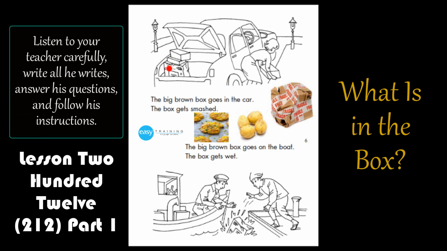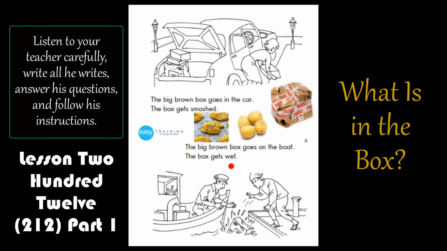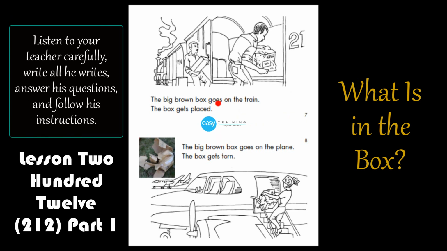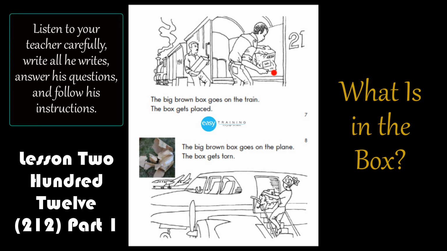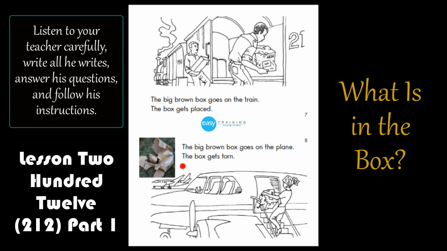Here it is, smashed like this. Then, it gets wet. Here we can see it gets placed in the train. This is also necessary. Then it gets torn. What else is going to happen to this box?